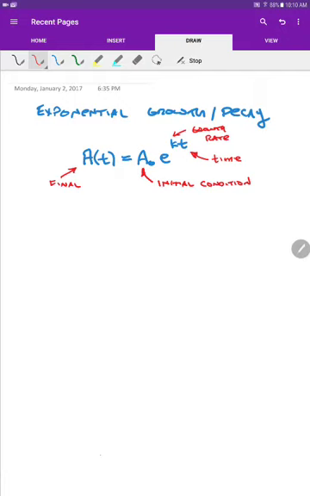So let's just jump right into an example here, since we've already done these sorts of things before. In our example, let's investigate the growth of a bacteria culture.